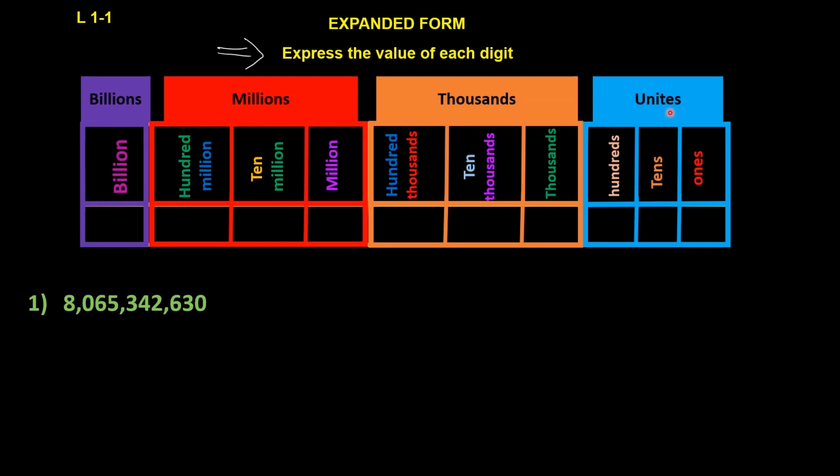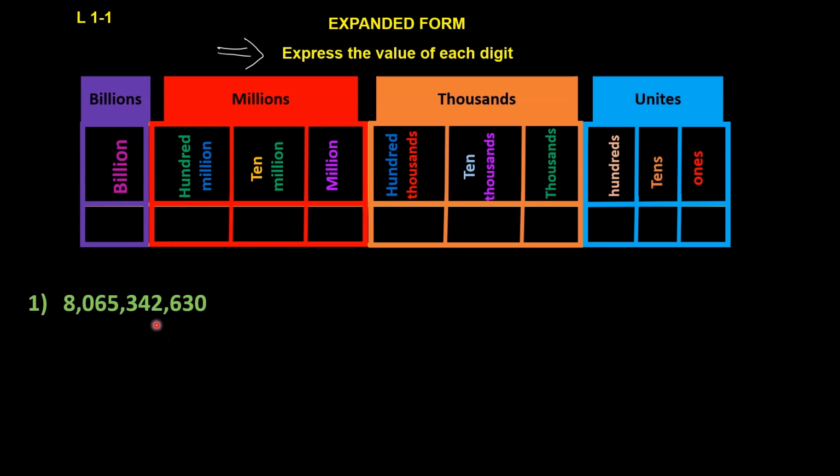Inside units, we have 3 digits: ones, tens, hundreds. In thousands, we have thousands, 10,000, 100,000. In millions, we have 1 million, 10 million, 100 million. In billions, we have 1 billion, 10 billion, and so on.